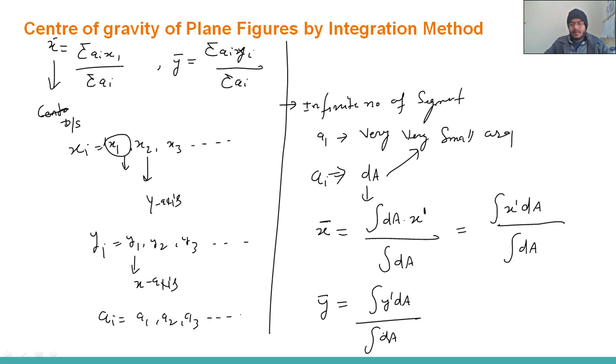So what is x dash? x dash is the distance of centroid of a small area, that is dA area, from the y-axis.